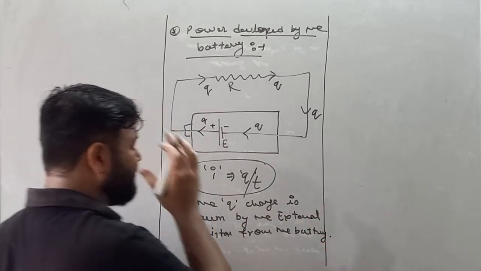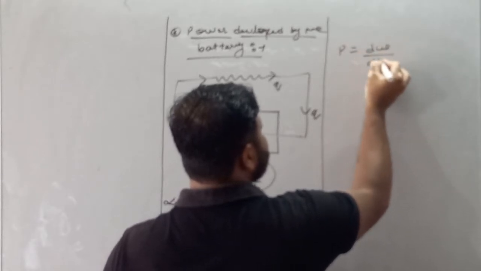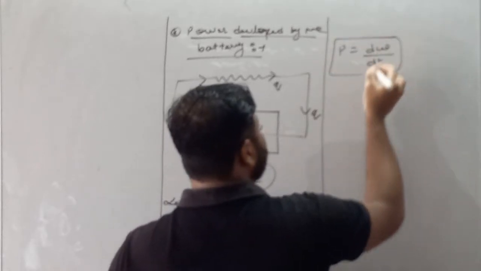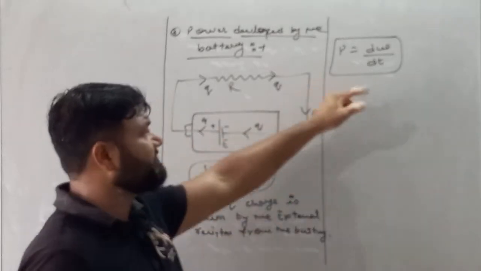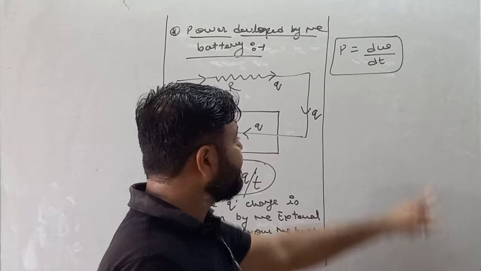Now see, we know that power is nothing but the rate of doing work with respect to time. We can also use this formula, dW by dt.